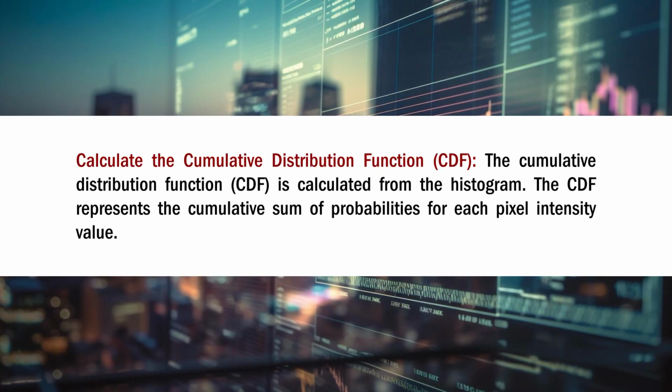The next is calculating the cumulative distribution function, that is called CDF. The cumulative distribution function is calculated from the histogram. The CDF represents the cumulative sum of probabilities for each pixel intensity value. What does probability mean? We have each pixel with different values, or we can say intensity values.